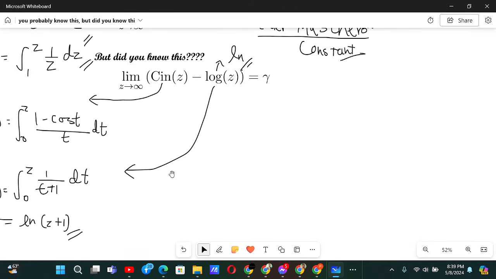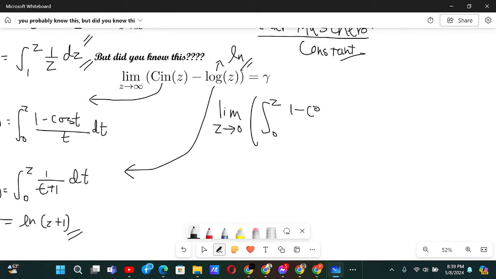So now we have the integral expression for both the terms. Limit g goes to infinity, the cosine integral function of g is basically the integral from 0 to g of 1 minus cos t by t dt, minus this one, the integral from 0 to g of 1 by t plus 1 dt.